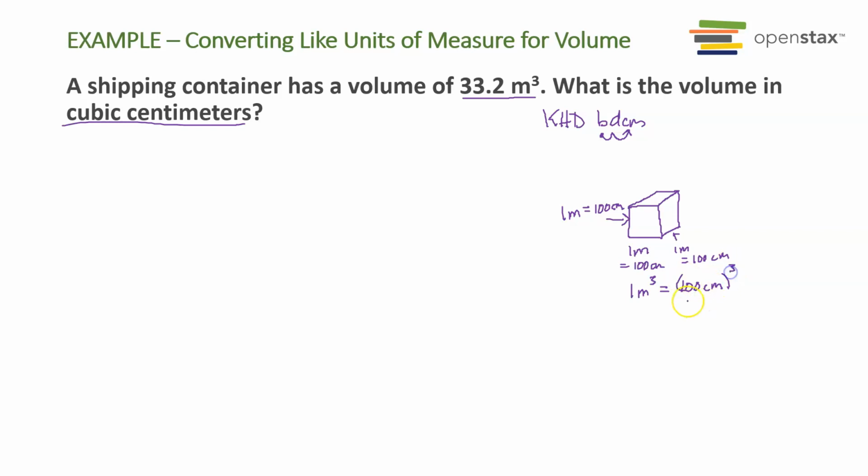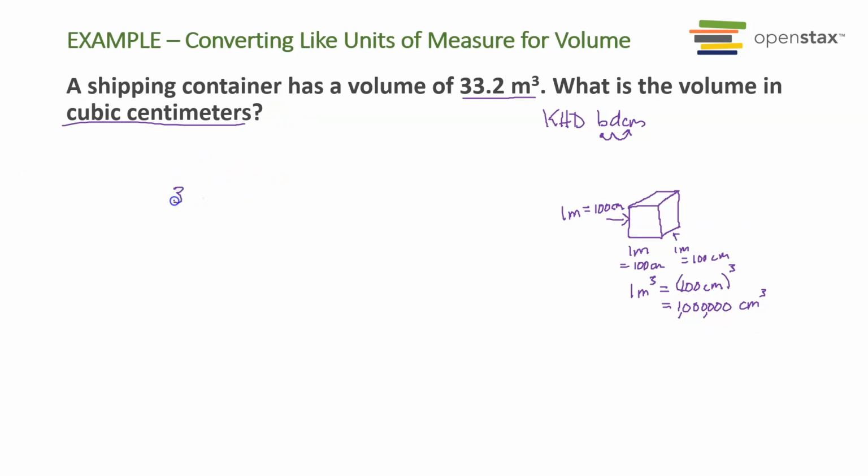I'm going to shorthand it by cubing it. So 100 cubed is 100 times 100 times 100. That's 6 zeros with centimeters cubed, which is 1,000,000. So 1 cubic meter has 1,000,000 cubic centimeters.